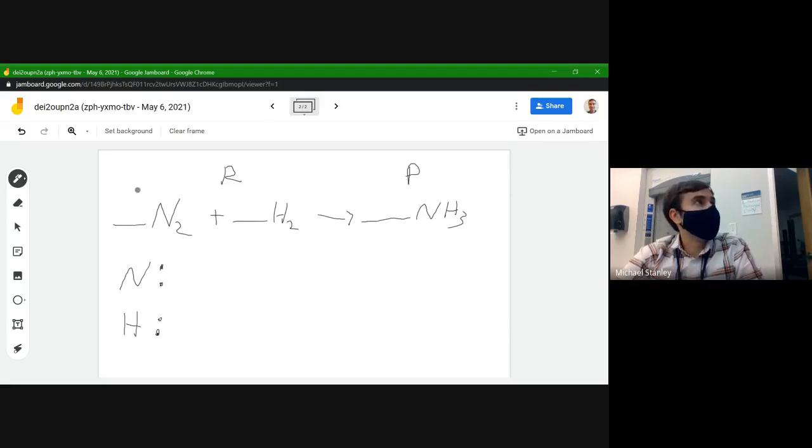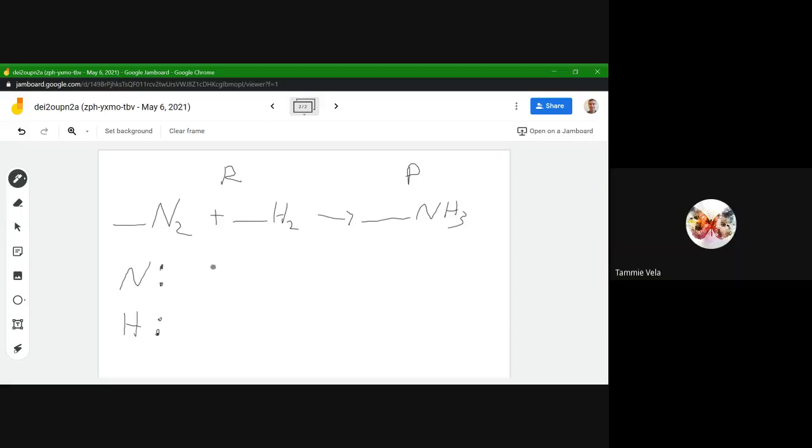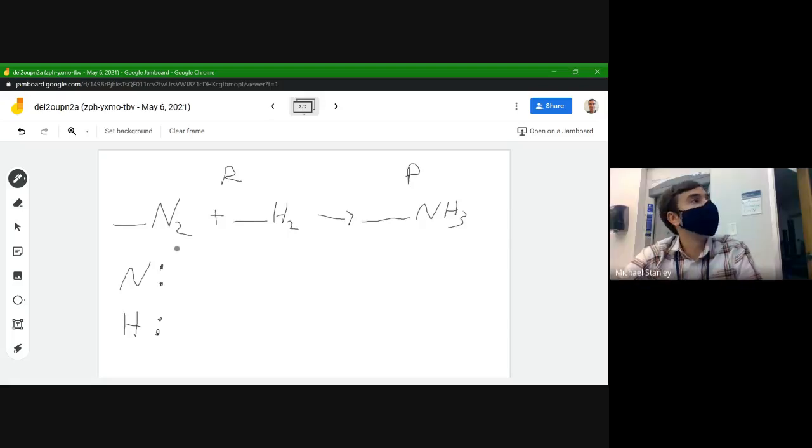Starting off on our reactant side, how many N's do we have to start off with? 1. It's not 1, it's actually 2, based on this right here, which tells us we've got 2 N's. So remember, always look to the subscript first if you want to figure out your number of atoms. N2 means we've got 2 nitrogens that are bonded together.